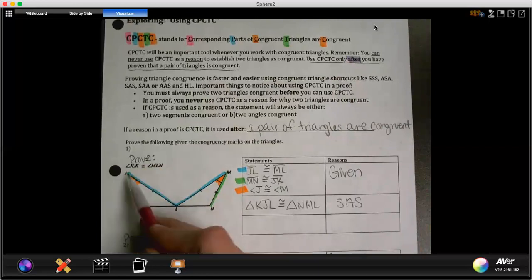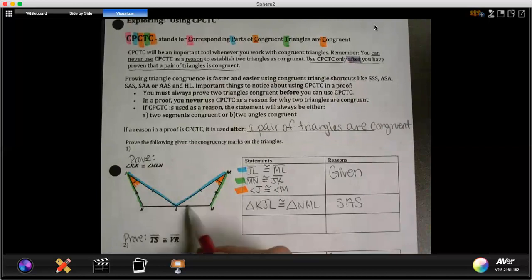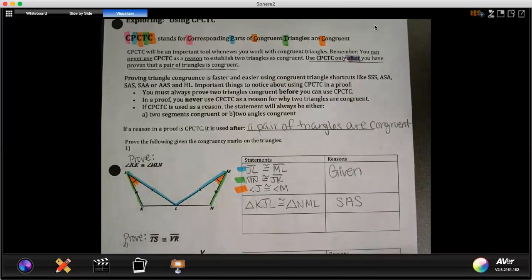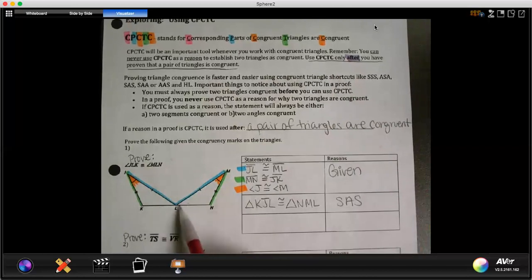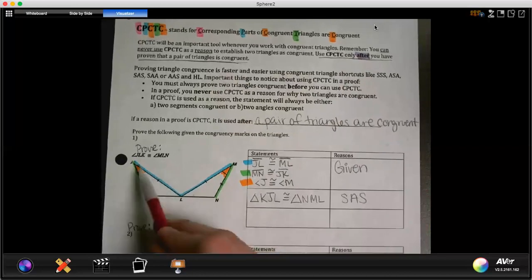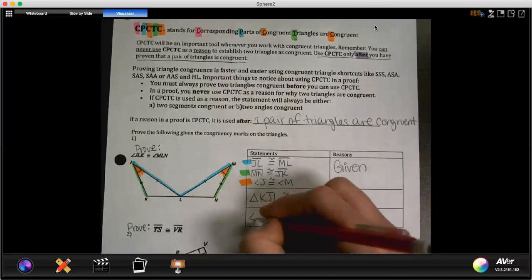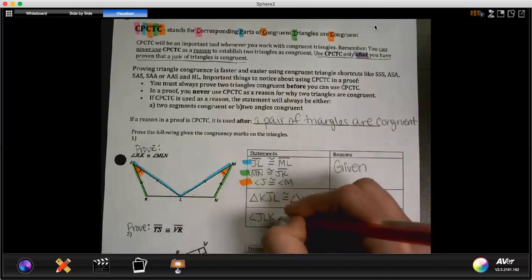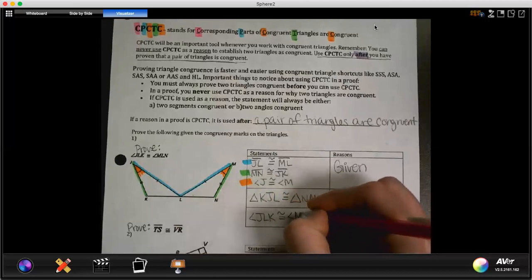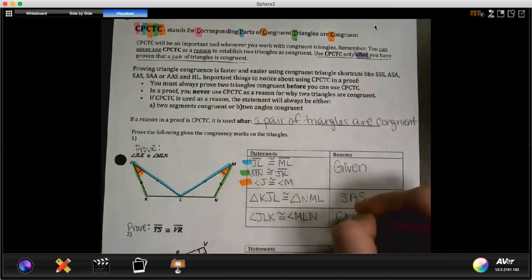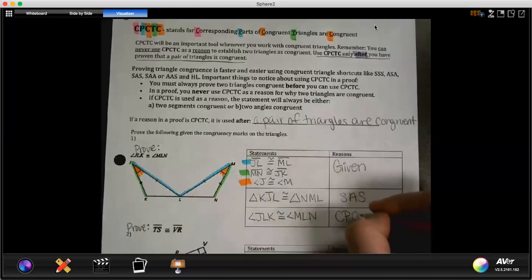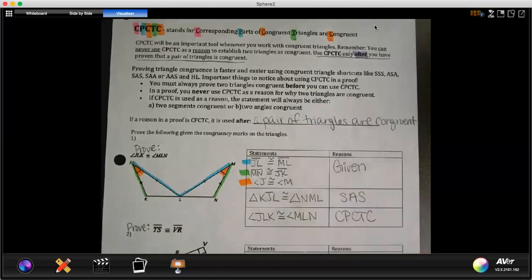So this is angle JLK and angle MLN. So this is what we're trying to compare. Now, to clarify, this is not vertical angles because that's not how the image looks. But we can say that angle JLK is congruent to angle MLN because of corresponding parts of congruent triangles are congruent. CPCTC.